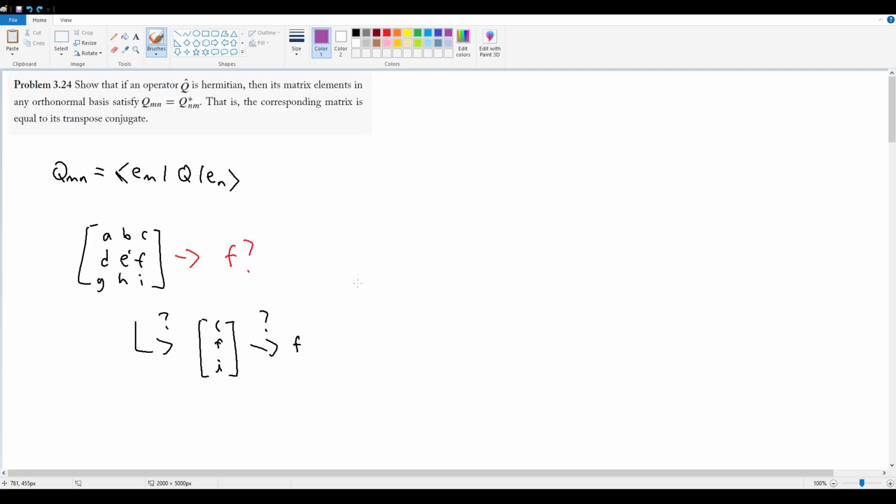What Griffiths is claiming with this property is that row 2 column 3 of my matrix Q is going to equal taking the Q matrix and sandwiching it in between the product of the second basis vector and the third basis vector, like this, right?